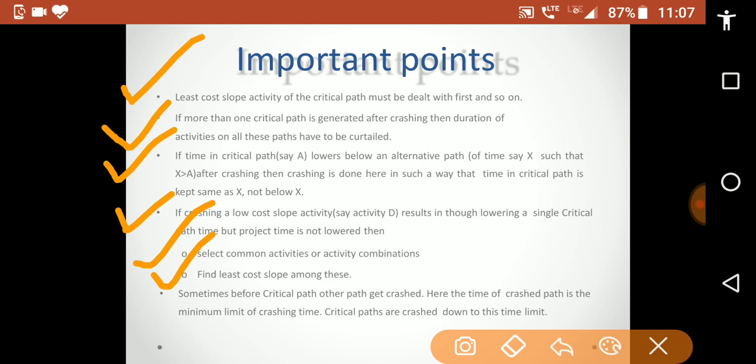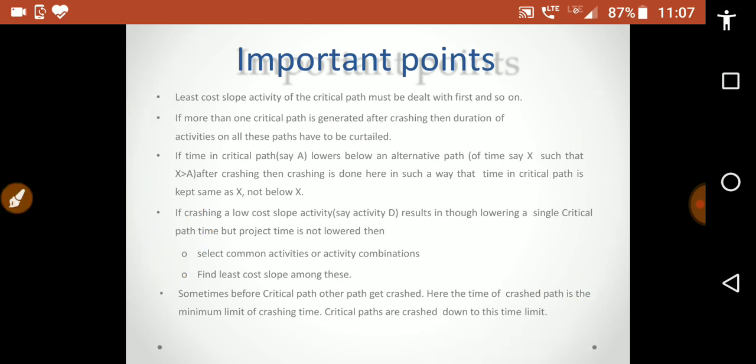Sometimes before the critical path, another path gets crashed. Here the time of the crashed path is the minimum limit of crashing time, so the critical path is crashed down to this limit. So these are some important points related to project crashing.